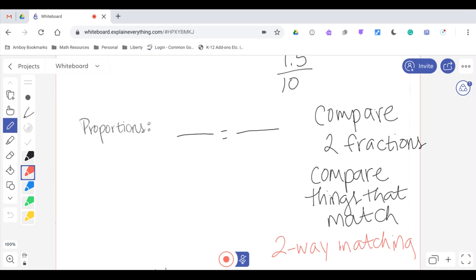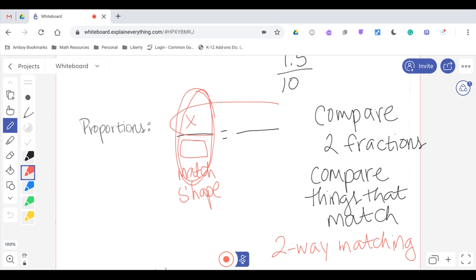But let me describe it this way. If I put some number here, the number underneath it either needs to be the matching side or it needs to match what shape it's from. So I need to have matching this way vertically. I also need to have matching going this way. I can't just put numbers wherever I want them.